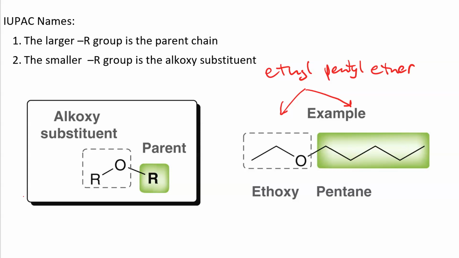But now we can say the pentane is the parent, and the smaller R group with the oxygen is an ethoxy group. So the name becomes ethoxypentane.